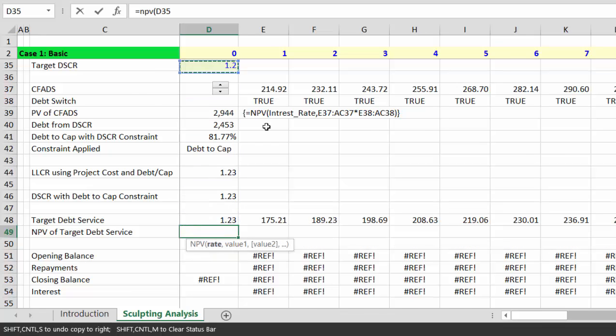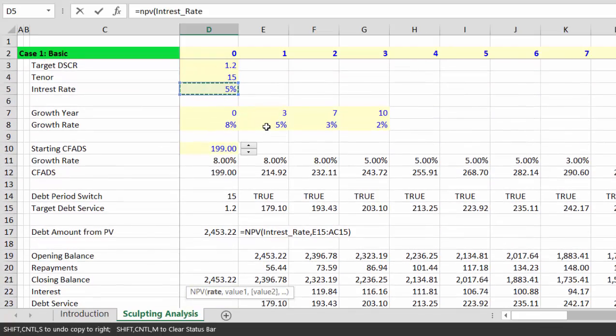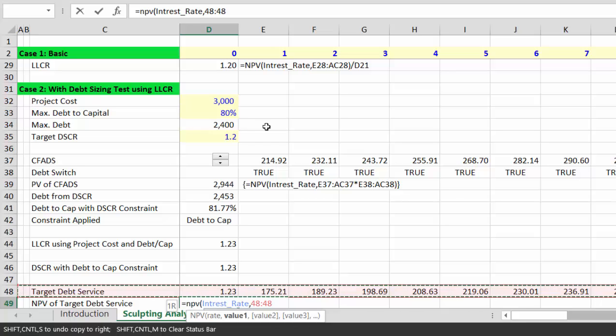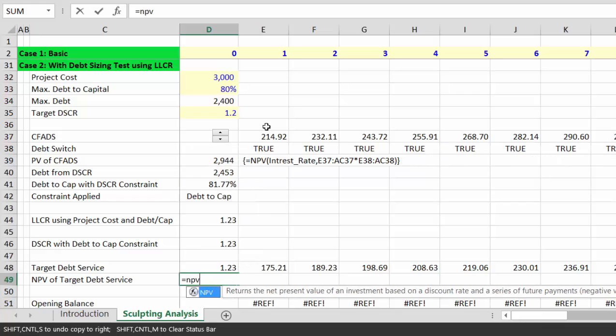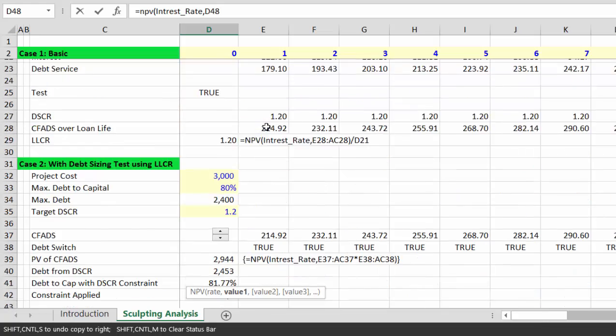And did I put the interest rate back? No, I'm going to use this interest rate up here. This time I'll just be lazy. No, I can't, because I have that little thing in the front.